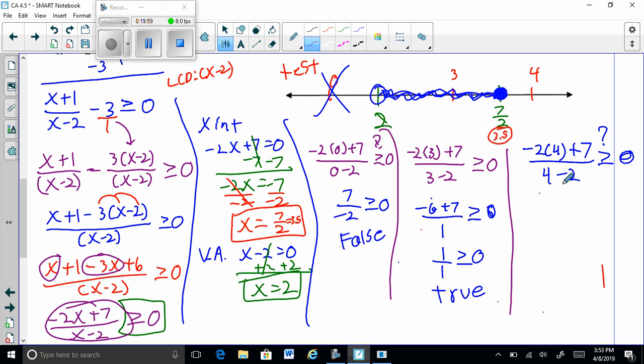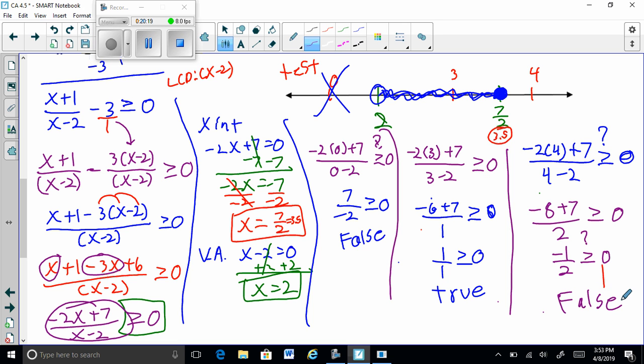Okay, so -2 times 4 is -8 plus 7. 4 take away 2 is 2. -8 plus 7 is -1 over 2. Is that greater than or equal to 0? So that's our question. No, false, because a negative is not going to be greater than or equal to 0, so that won't work. Okay, so we don't want to shade there. Let's cross it out so I didn't do anything by accident.